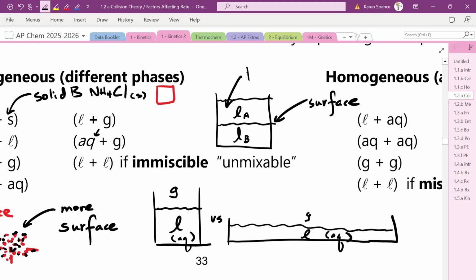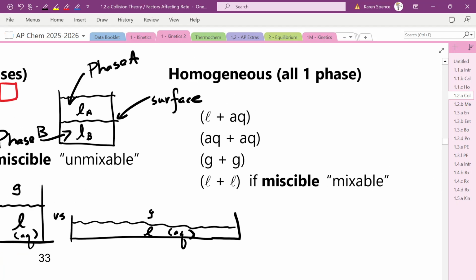This is phase one, phase A. This is phase B. If those were oil and water, they have different properties in those different areas. So those are heterogeneous because there are different areas with different properties.